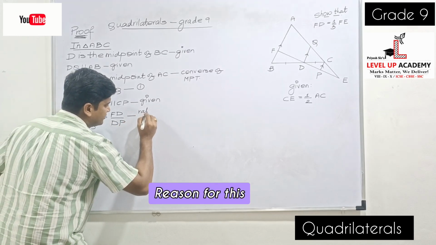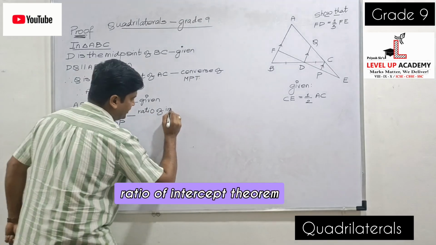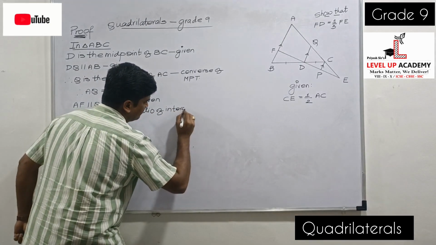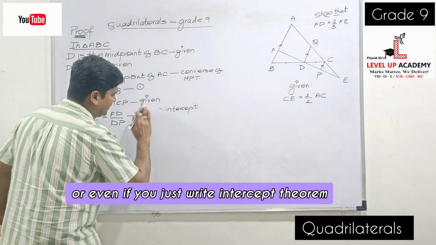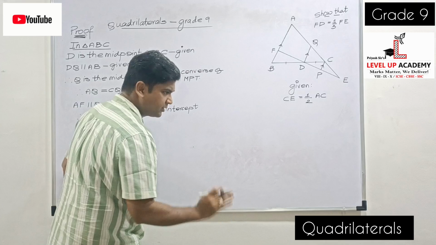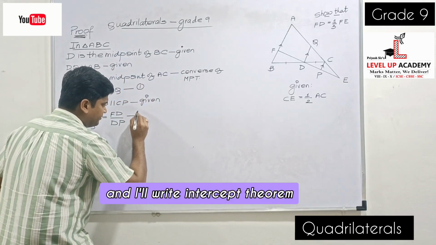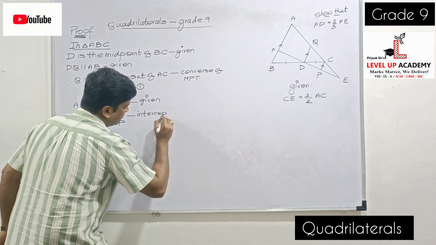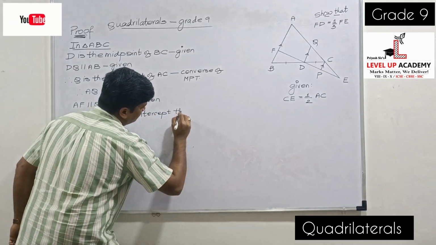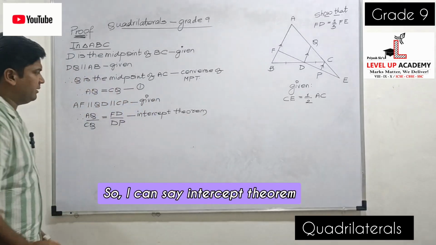Reason for this, ratio of intercept theorem. Or even if you just write intercept theorem, that will also be okay. So I'll just cut this and I'll write intercept theorem. So I can say intercept theorem.